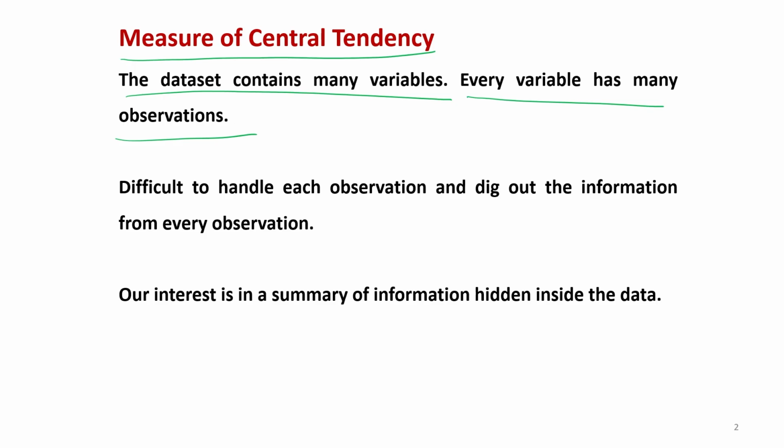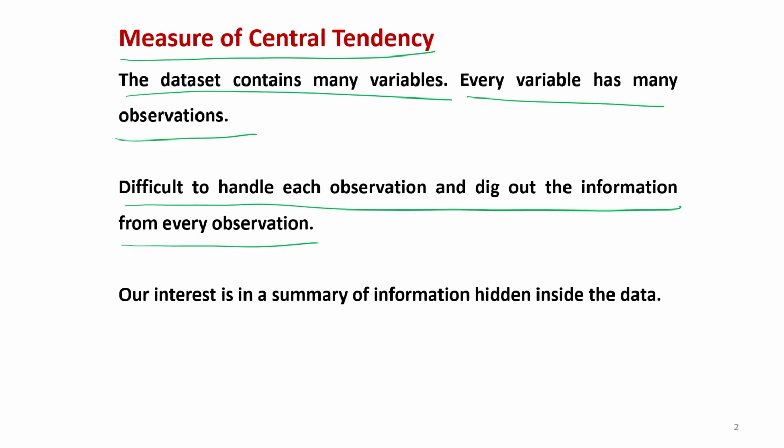And if we want to understand what is the central tendency of the data, or we want to know the value around which the average of the values is concentrated, or the value around which the data is concentrated, right, then if we try to know this information from the individual observations, it is very difficult to handle each observation, dig out the information from every observation and combine them together.